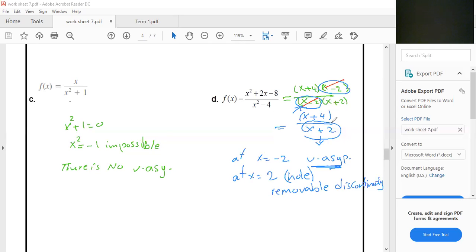Here, as I told you, I find the vertical asymptote by finding the zeros of the denominator after we simplify the function. This is non-removable discontinuity. But the other zero of the denominator, which we cancelled from numerator and denominator, we have a hole, or we name it removable discontinuity.